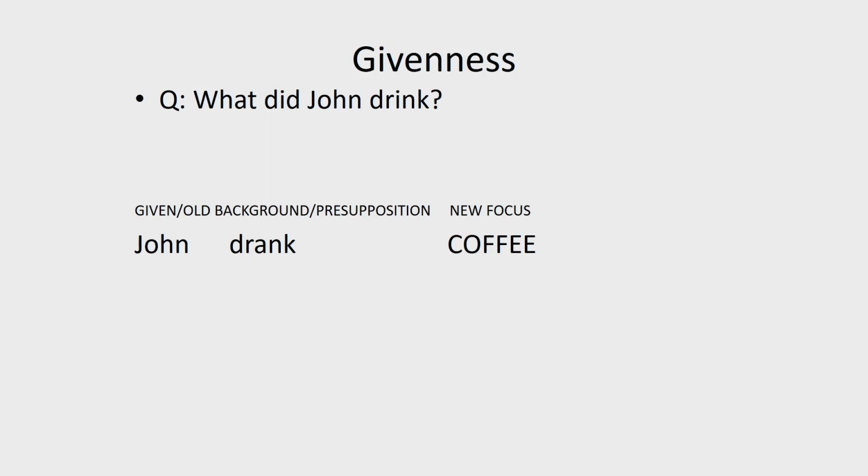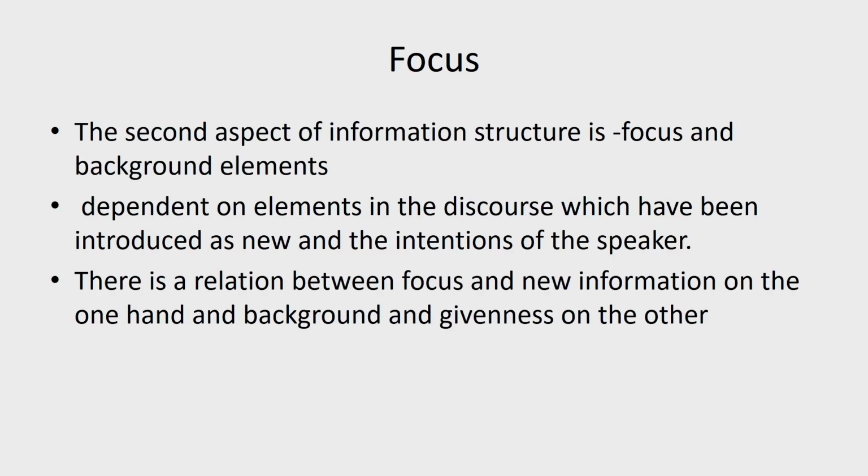What we mean to say is that these parts, the given, old, background, description, presupposition, etc., could also be focused and not just the new information, but it's generally assumed that the one which is the new information carries the focus.